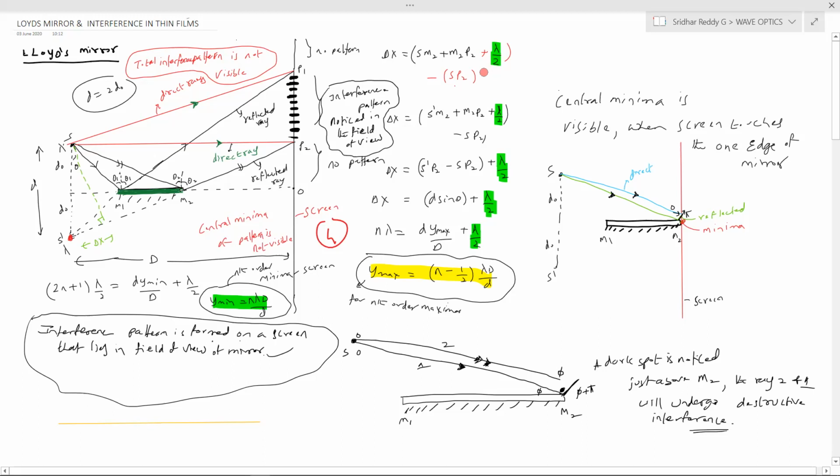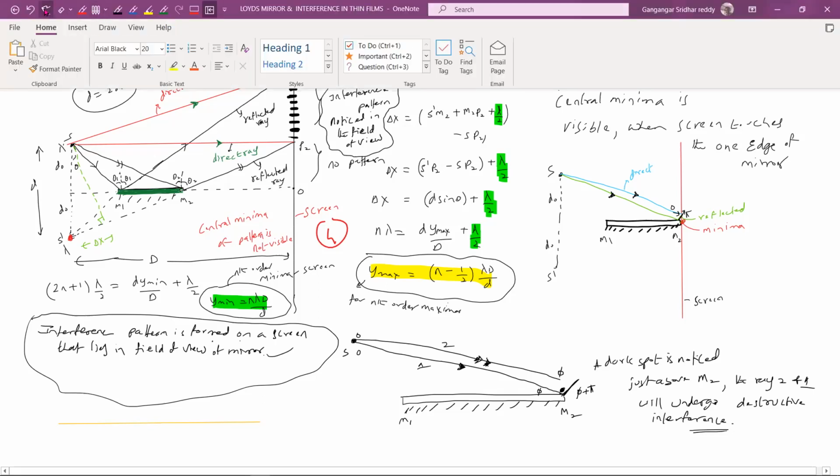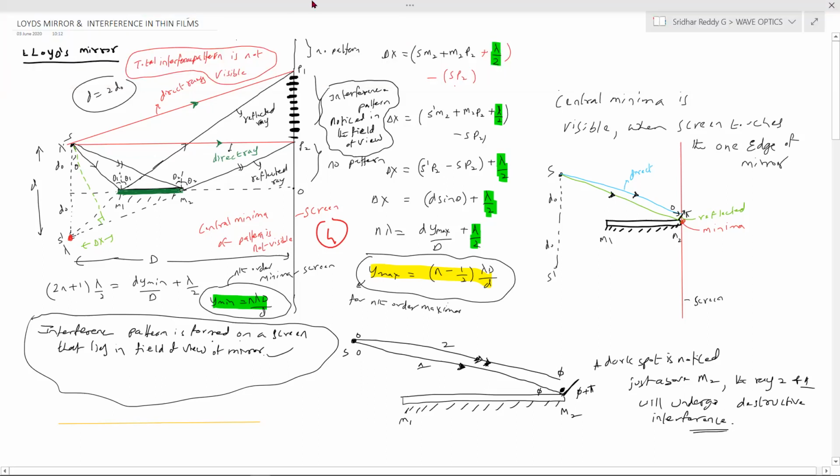This lambda by 2 is due to reflection of a ray by a mirror at point M2.